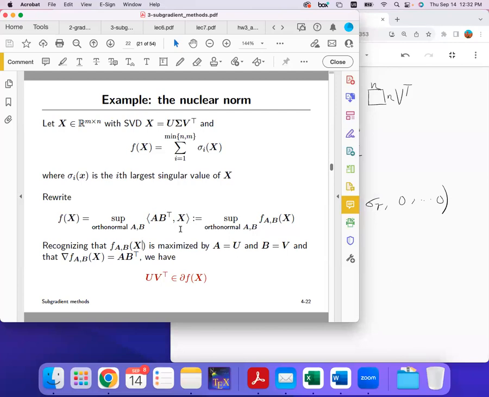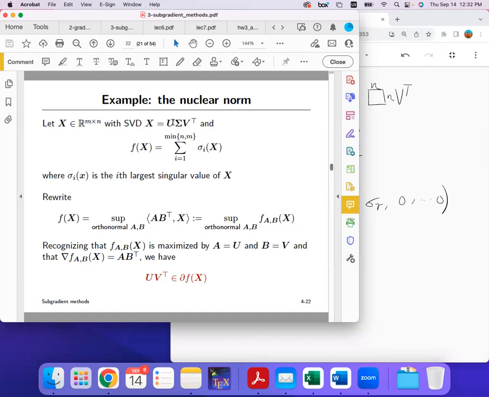And for orthonormal matrices, you can check the definition: the columns are orthogonal and have unit norm.